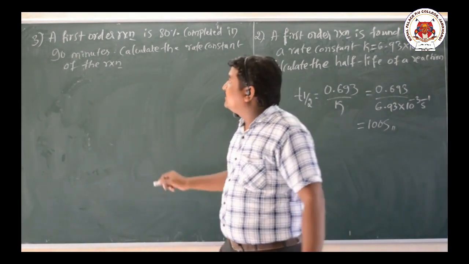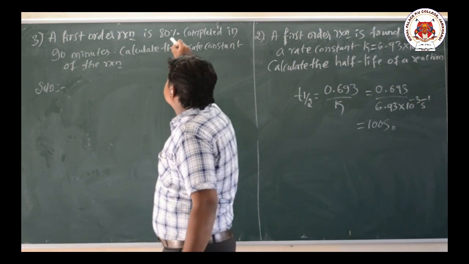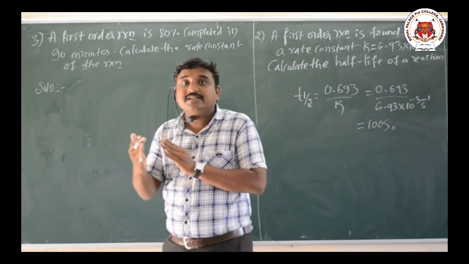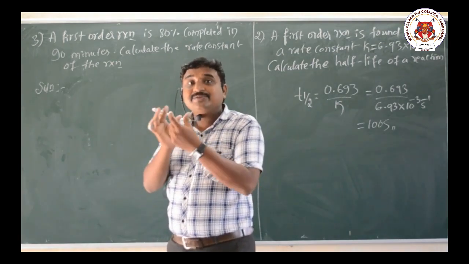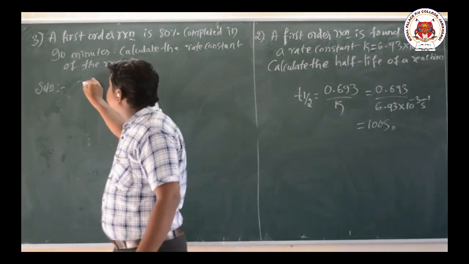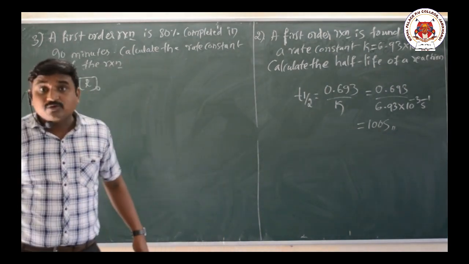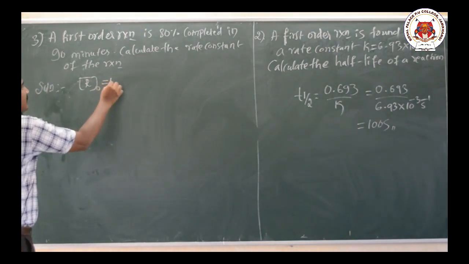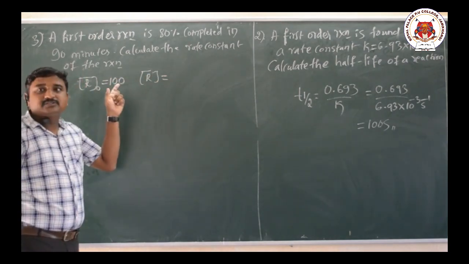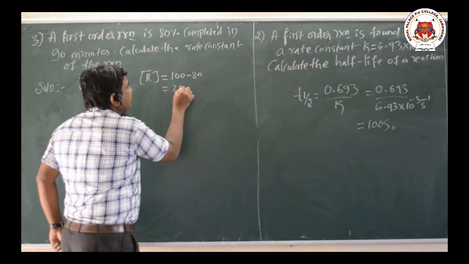For the solution, the first order reaction is 80% completed. Since it is a percentage, the initial concentration is 100, so R naught equals 100. After 80% is completed, R equals 100 minus 80, that gives 20.